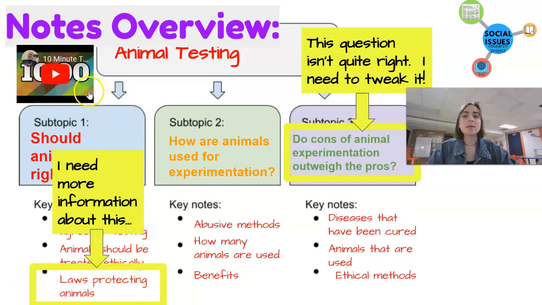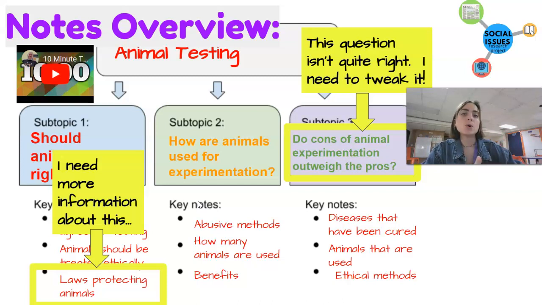So I want you to spend about 10 minutes in your notes or in your packet looking at this chart with your subtopics and your key points and reworking what needs more information, what questions need to be changed or tweaked. That is okay. It's okay to change those things. And it's also okay to realize you need more information.